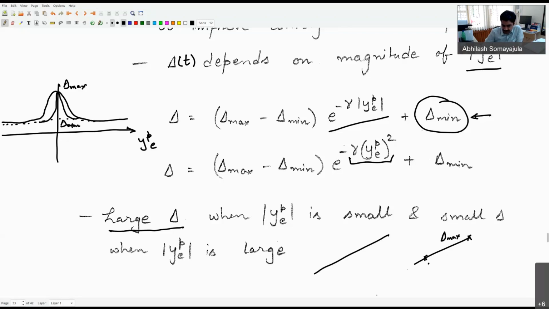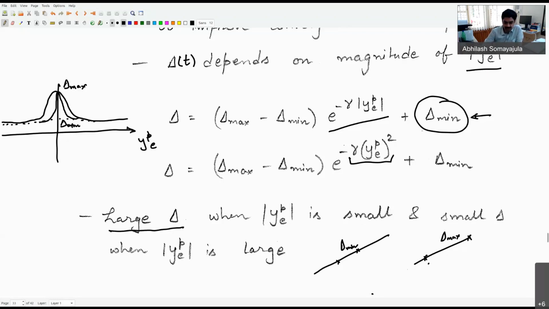Whereas if I am very far away, then I am taking a very short look ahead distance. Okay, so which means that when I am not close to the path, I am being more aggressive to try to come towards the path. But as I am coming closer to the path, I am trying to be less aggressive and want to join the path in a tangential manner.